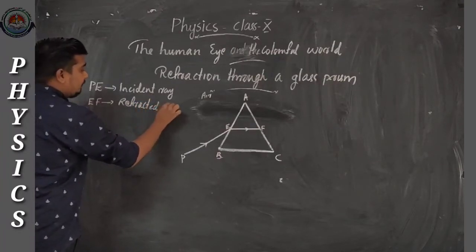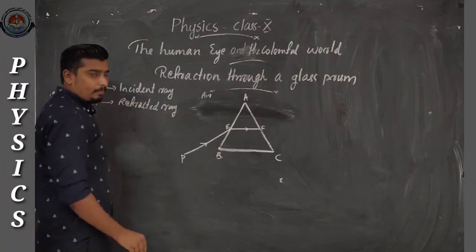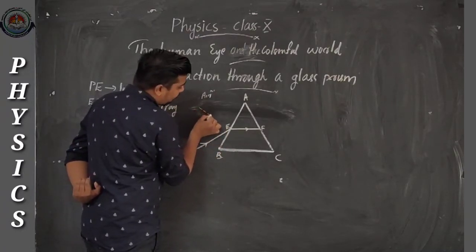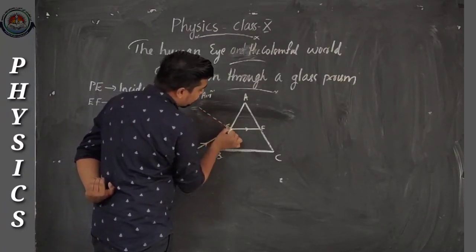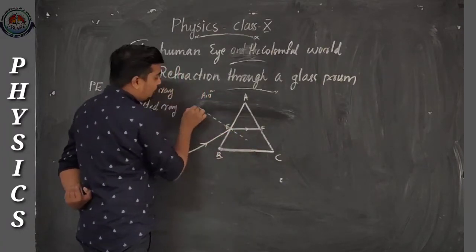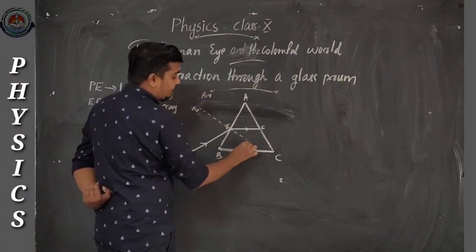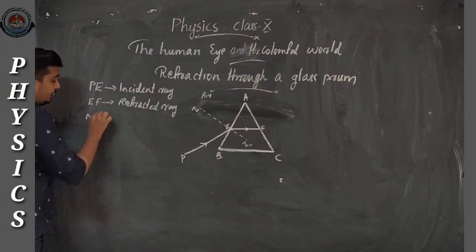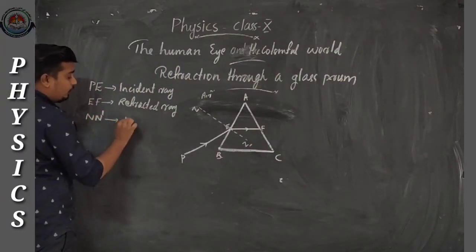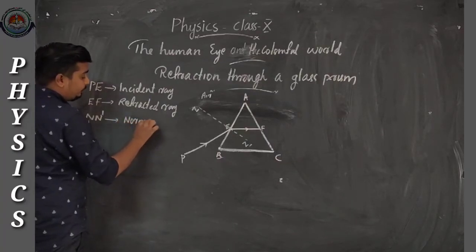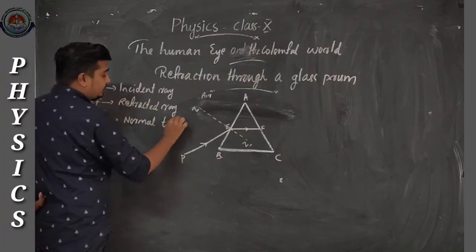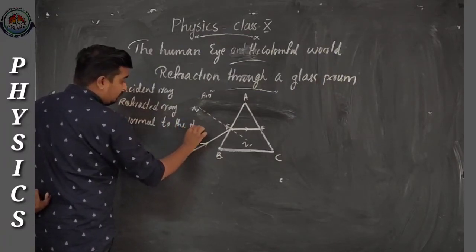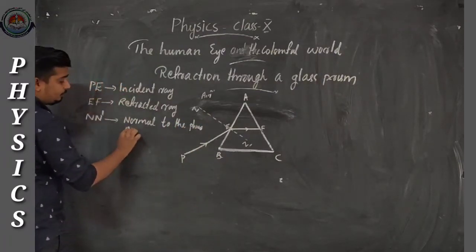I am drawing a normal to this face, and that normal is considered as N dash. N dash is the normal to the face AB.